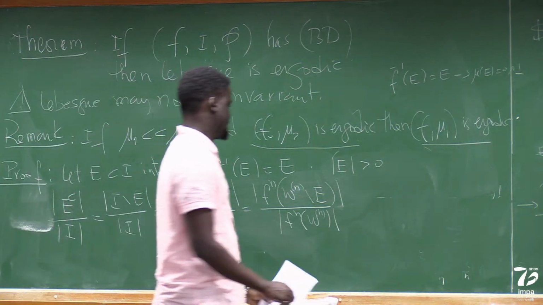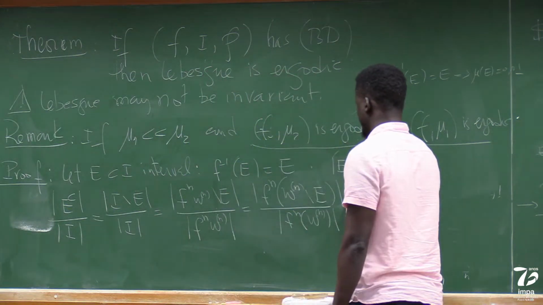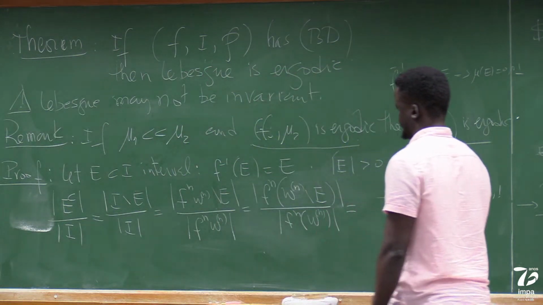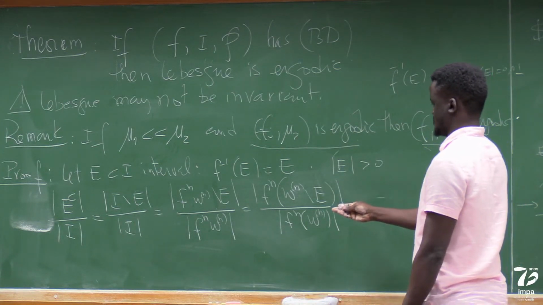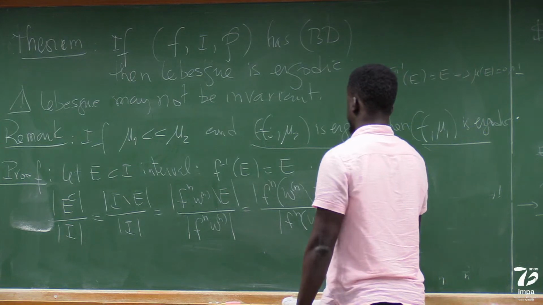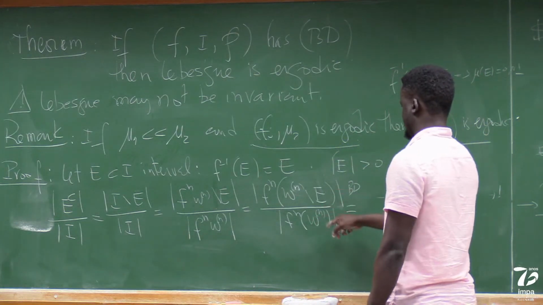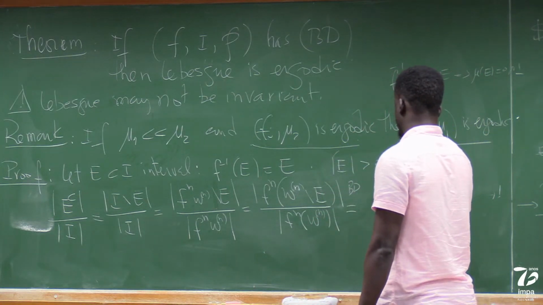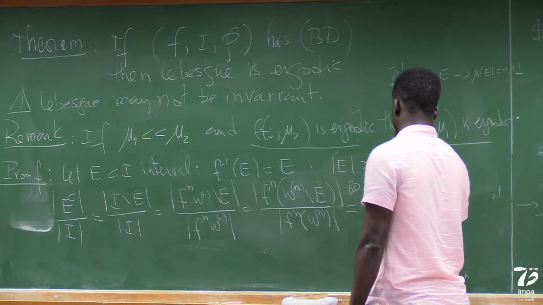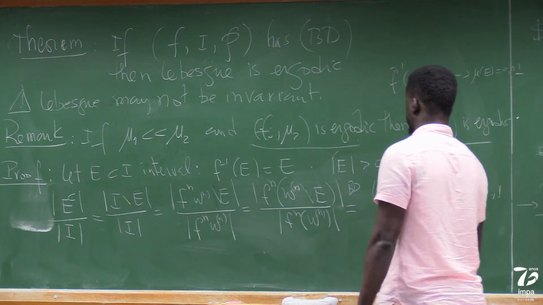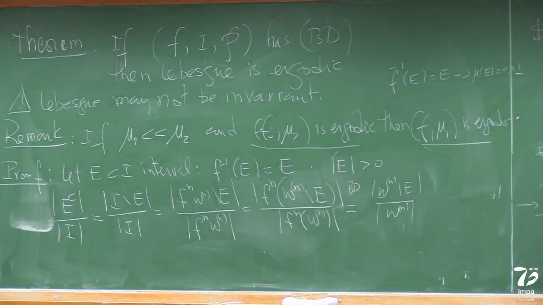And by bounded distortion, BD, you have this in terms of omega_n over the measure of omega_n.